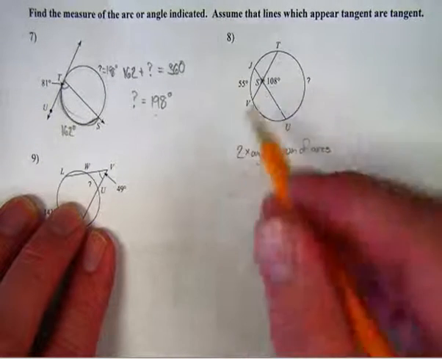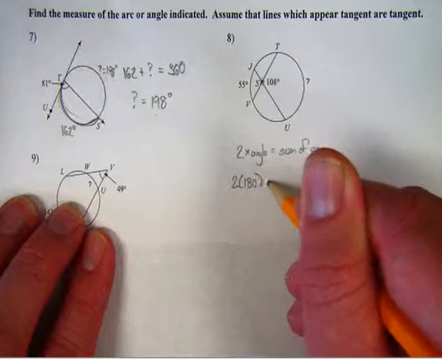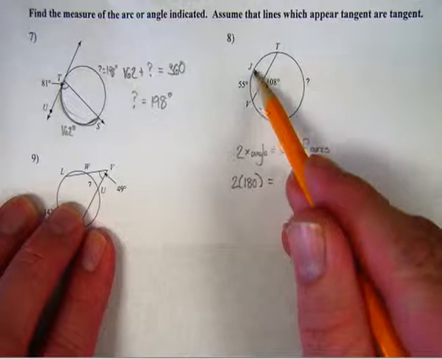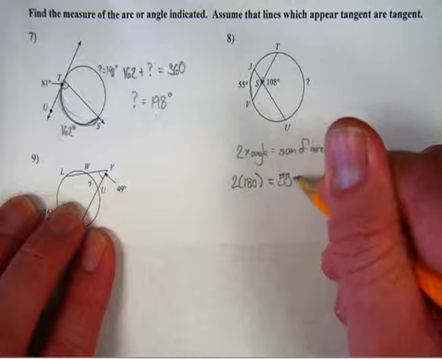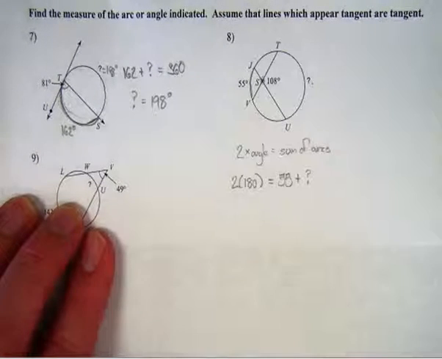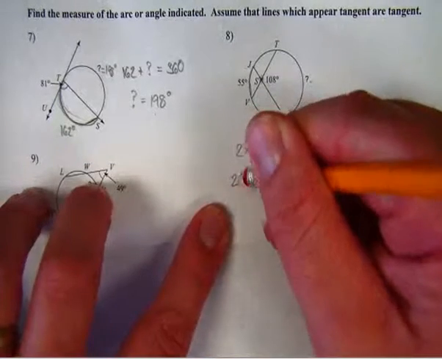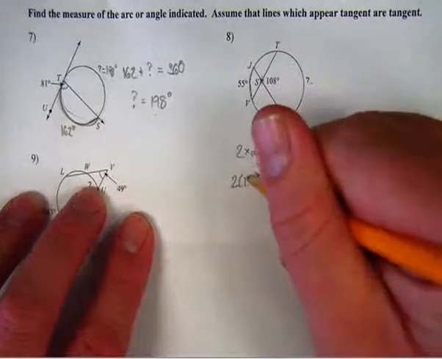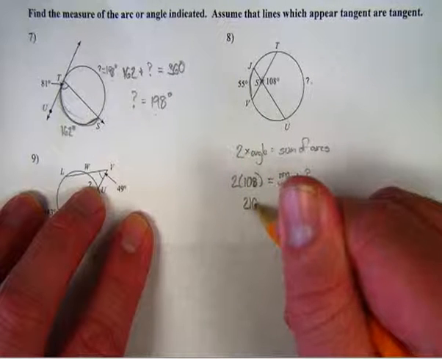We know what the angle is, so we can say 2 times the angle is going to be equal to this arc, which is 55, plus this arc, which is unknown. So 2 times, not 180, but rather 108 would be 216.